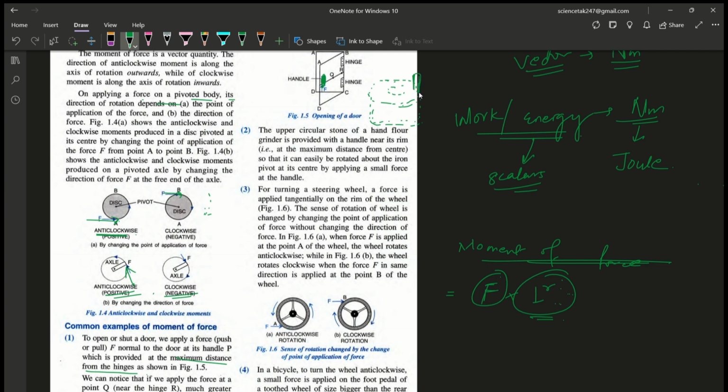So you rotate this, and whatever is provided here, say your wheat, is going to get ground. So this handle is supposed to be farthest from the center. It is not going to be provided near the center, so that maximum torque can be obtained. What is the objective? Max torque.